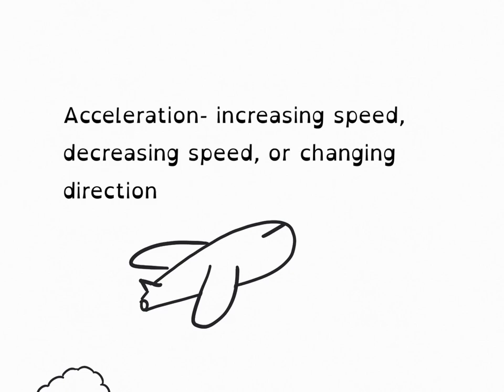All right, so let's talk about our scientific definition of acceleration. Acceleration is an increase in speed, so going faster, a decrease in speed, going slower, or some sort of change in direction. Before this point, we could have said that increasing speed, okay, cool, we're just dealing with speed.